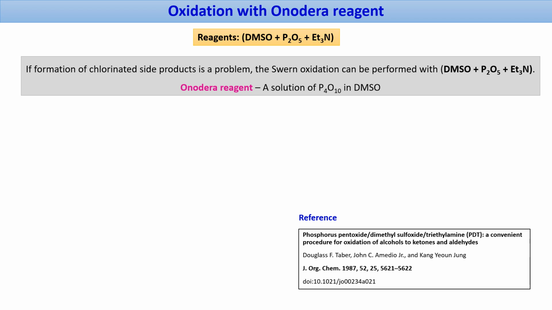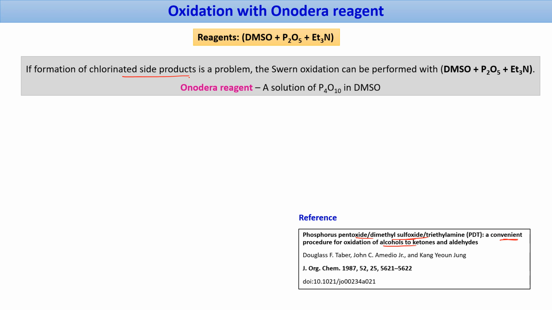The next reagent is Onodera reagent. Here we do not have any specific name. If you look at this paper, phosphorus pentoxide, DMSO, triethylamine, a convenient procedure for oxidation of alcohol to ketone, there is no specific name reaction, but by using this Onodera reagent you can avoid formation of chlorinated side product.